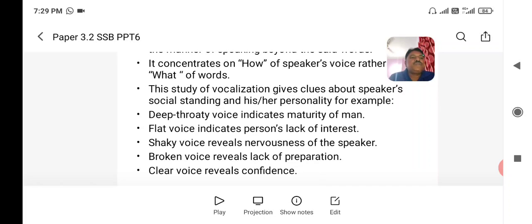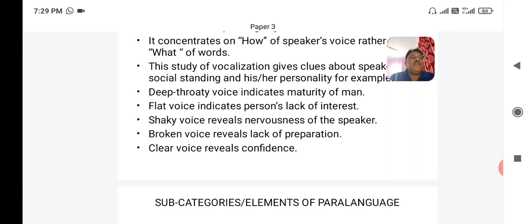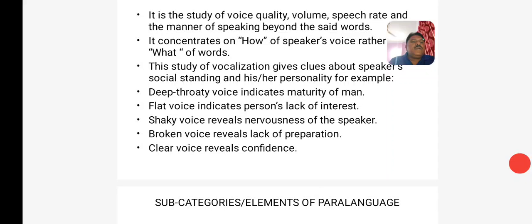But now it has become one of the important areas where voice modulation or vocalization will give us a clear idea about one's personality. If some person has a deep throaty voice, it indicates maturity, who speaks louder.